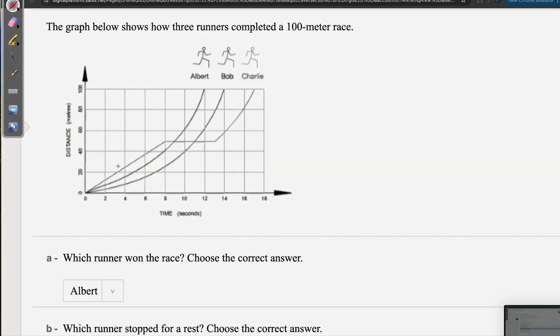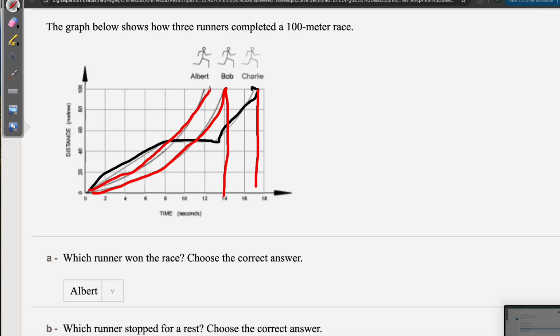So for Charlie, I'm gonna draw it in black. She took 17 seconds. Bob took 14 seconds. Charlie took 17, while Albert took 12 seconds, meaning he won the race.